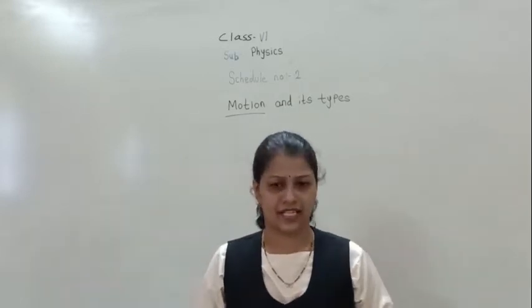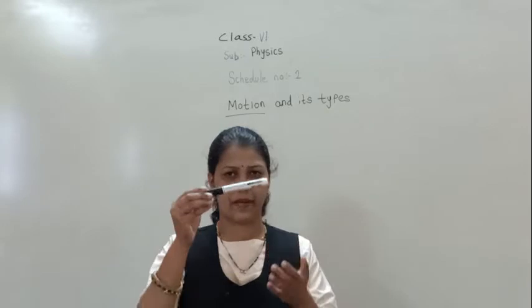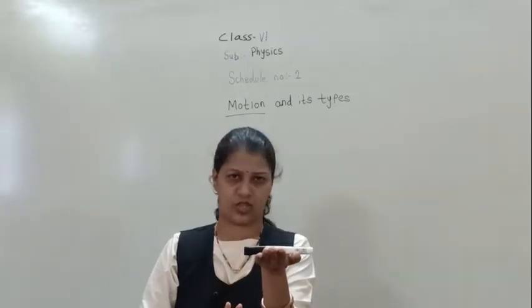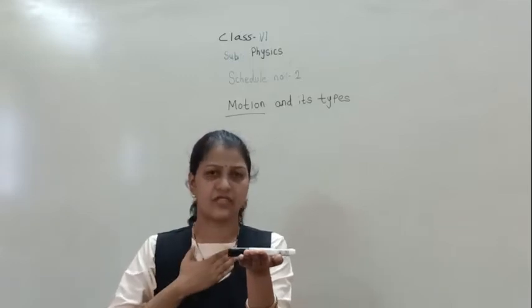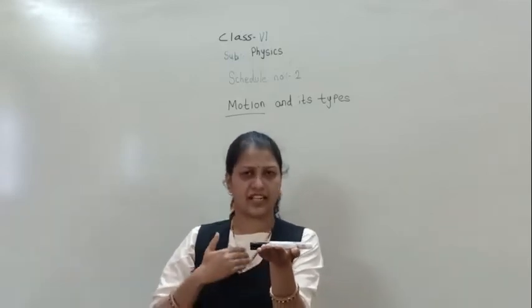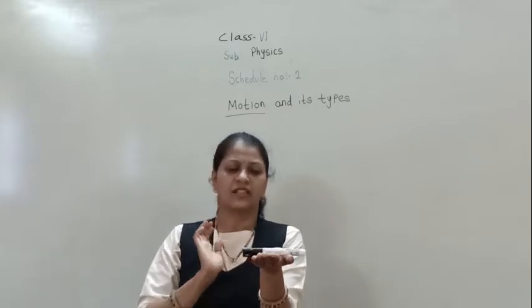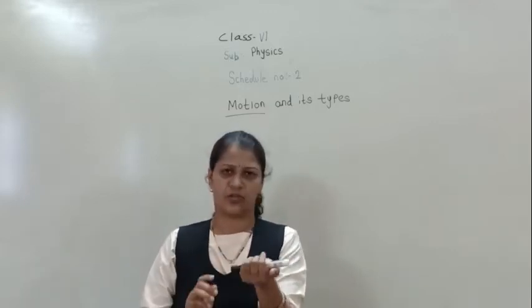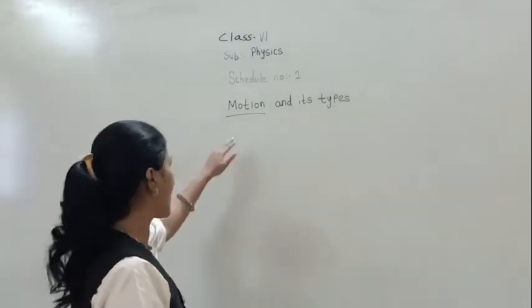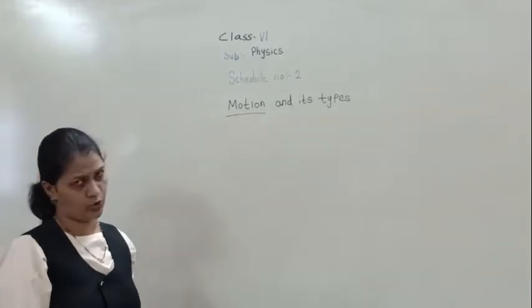Suppose this pen is here only. I feel that this is at a rest position. Am I right? As I am standing at a rest position, I can feel that this pen is at rest position. Are you getting this? So these two concepts we have discussed in motion.